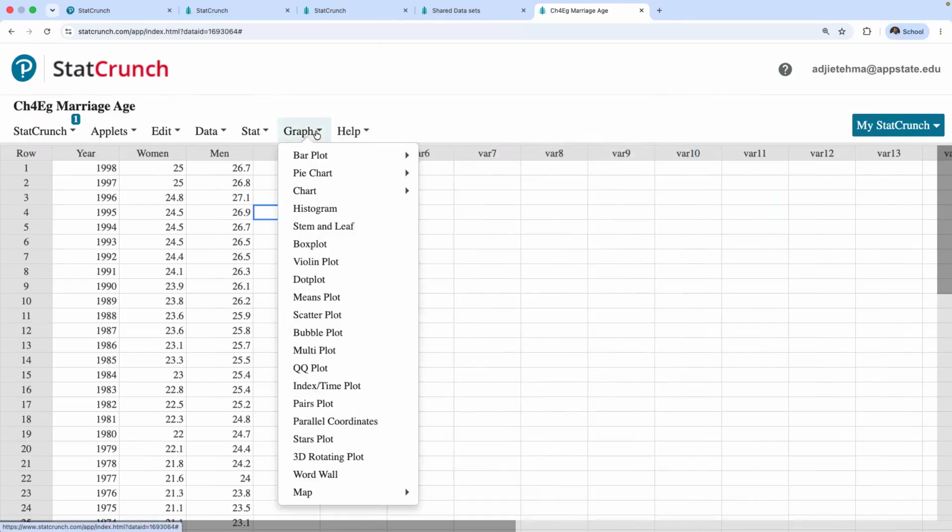I go to Graph, I scroll through and look for Box Plot. Box plot is right here. In this class, we are not going to learn how to use all these visual tools. We are just going to use some of them, so whenever we do, you just have to follow.